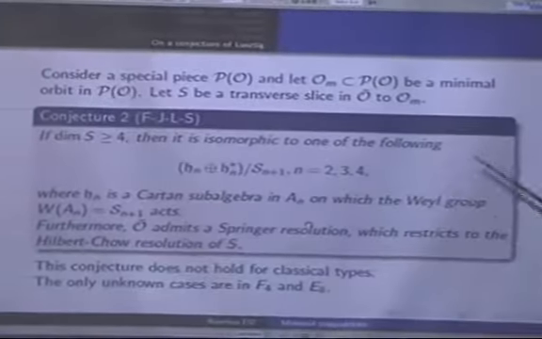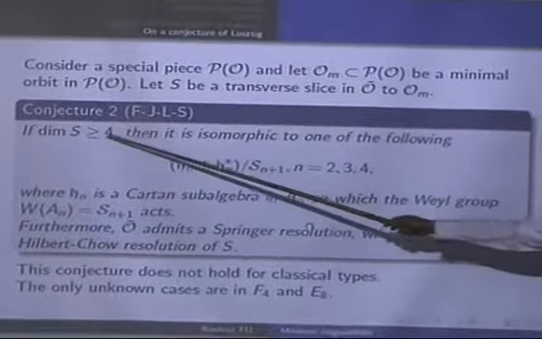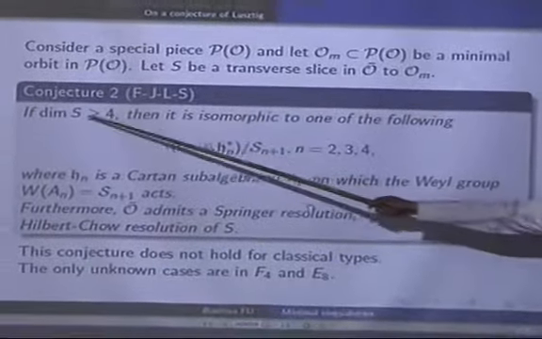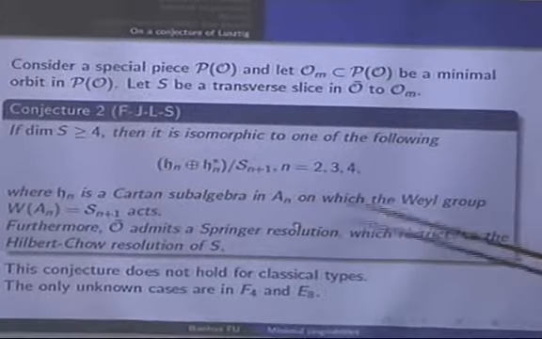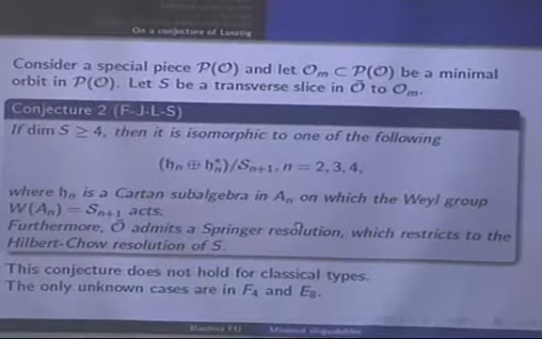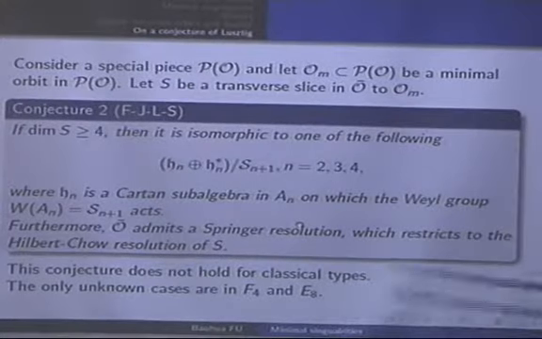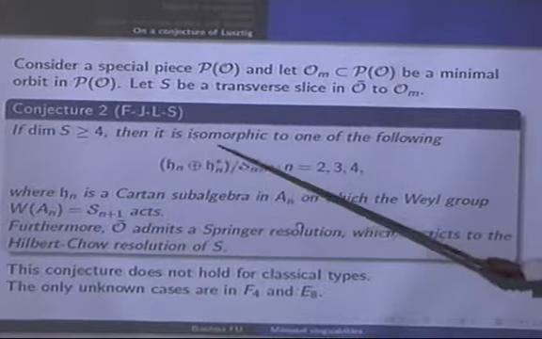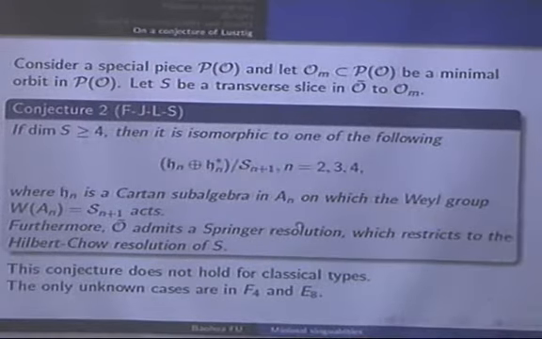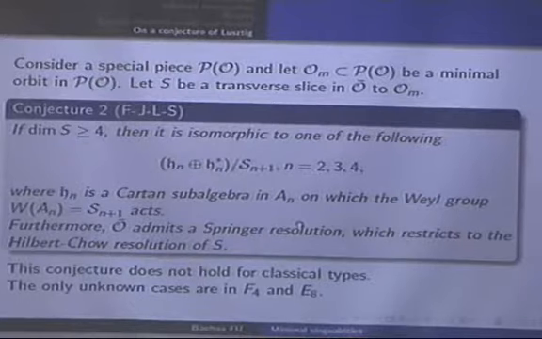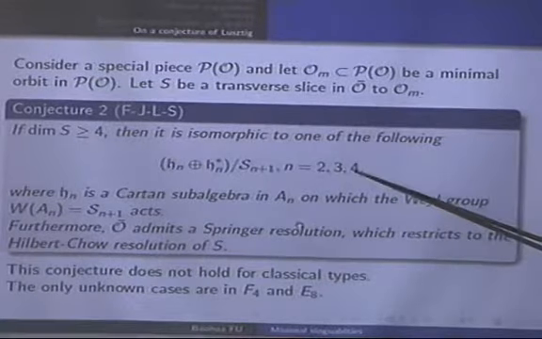So here I take S to be a transverse slice, and I assume the dimension of S is bigger than 4, because in two dimensions it's just AD type. In this case, we conjecture this is isomorphic to this quotient. And what we get is just type 2, 3, 4.